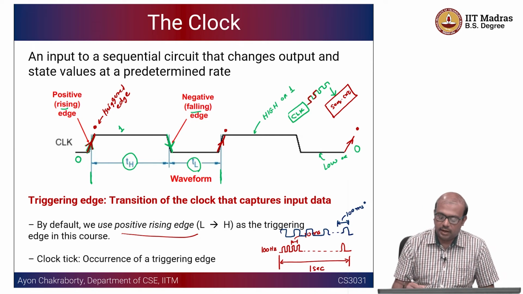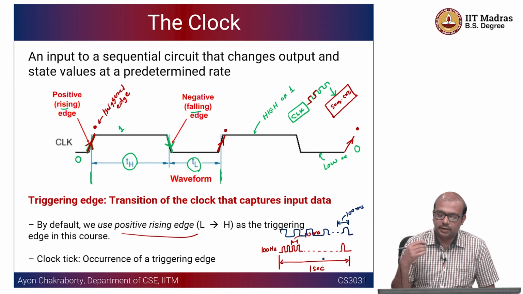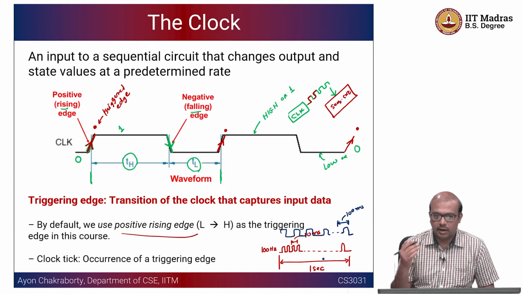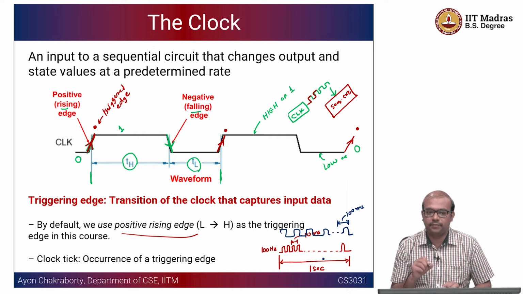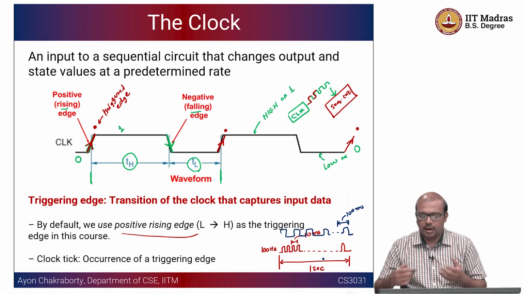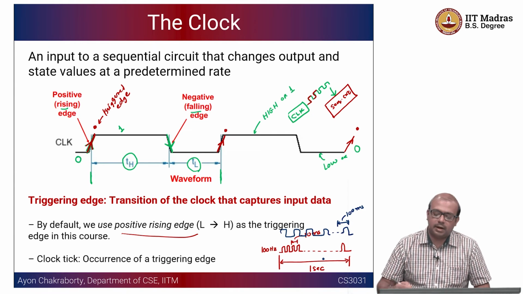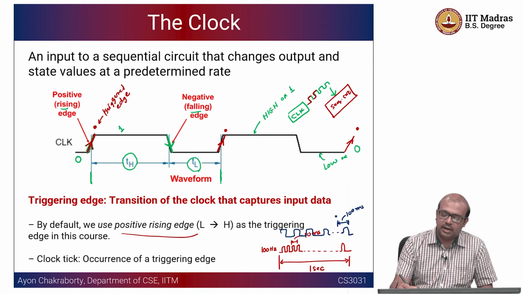So here you can think that you are supplying this 100 hertz clock. In 1 second, the sequential circuit is going through 100 state changes, given that for every clock pulse you are doing something in the circuit such that the state changes. Suppose you are changing S and R values to an RS flip-flop 100 times per second, whereas you are doing the same at a much slower rate with a 10 Hz clock.